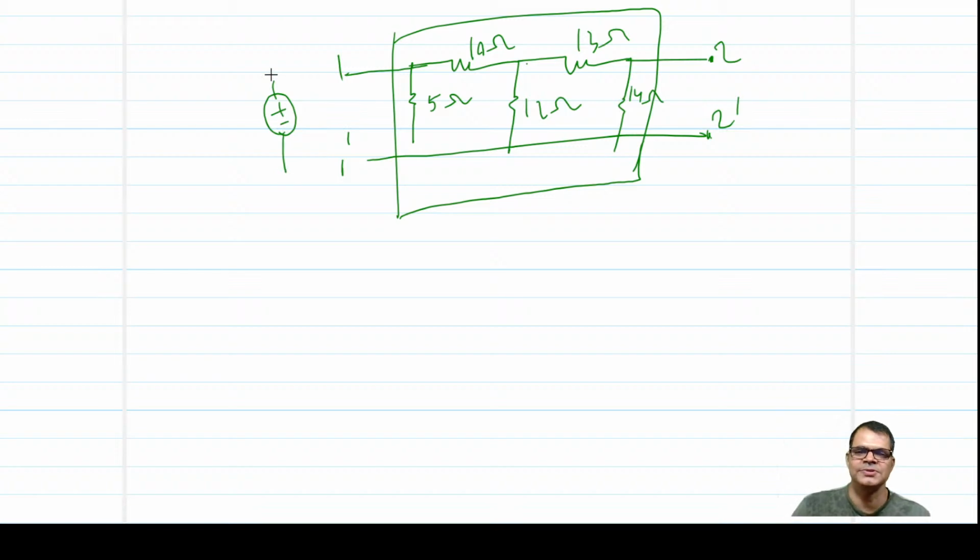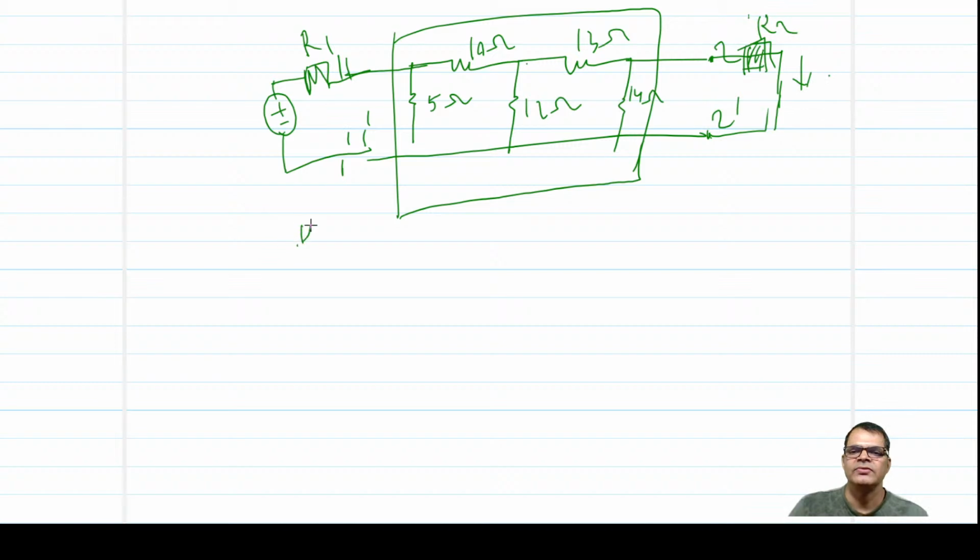Don't get confused, it has been taught as a voltage source and it has been given as a current source, with a series resistance connected to 1 dash, and they measure the current here. Another resistance is here, let's say this is R1, this is R2, and they measure the current, and they give V2 upon I2, let's say I2 is equal to 5.